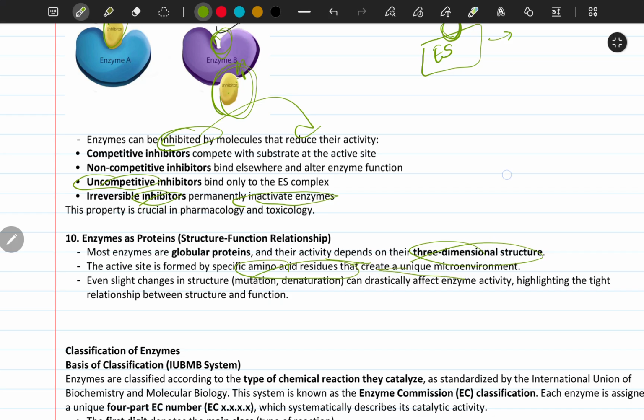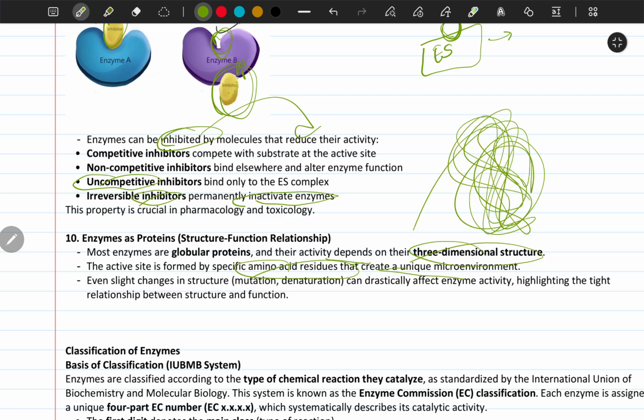So how is the active site formed here? My globular protein, okay, I know it is not like this, but just for the sake of it, there are specific amino acid residues. They create a unique microenvironment. So when we see this, there's a unique microenvironment here.